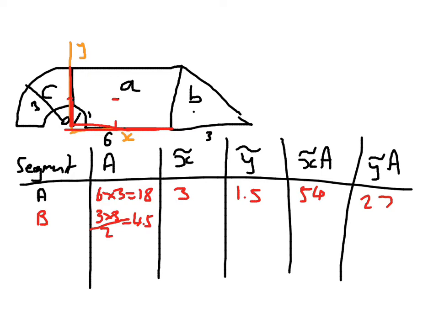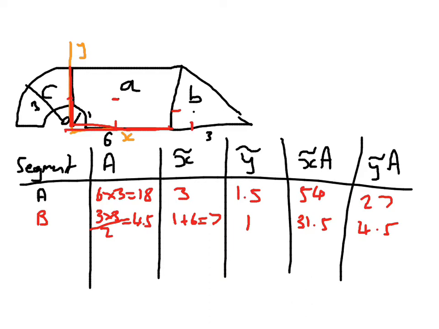The X coordinate is going to be 1/3 of the distance from the big end, so 1 metre in, because it's a 3 metre triangle, but the whole X coordinate is going to be plus your 6 metres for section A. So it's going to be 1 metre in section B plus the 6 of A. The Y coordinate is going to be 1/3 from the big end, so it's just going to be 1. X tilde times A, 7 times 4.5, 31.5. Y tilde times A, 4.5.